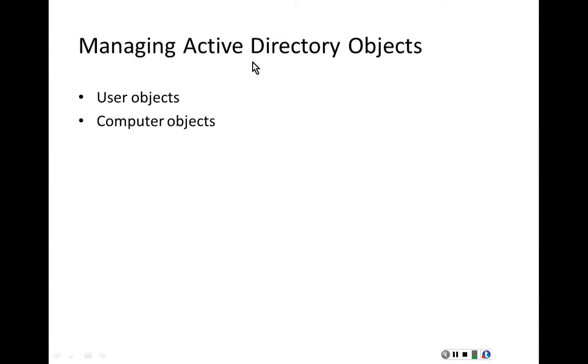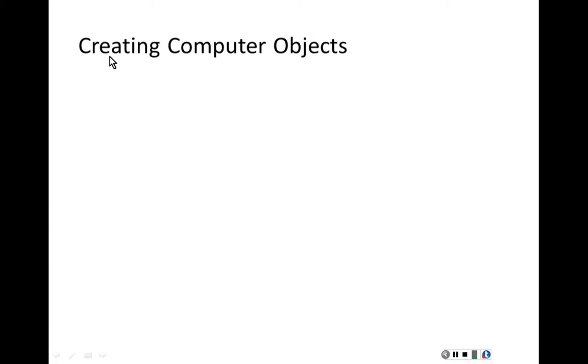What we've been looking at in this chapter is mostly, in managing Active Directory objects, mostly user objects. But now let's look at managing Active Directory computer objects. We created user objects, but now let's create a computer object. So the first question you would ask is, well, I know why I would create a user object, so the person could log in.